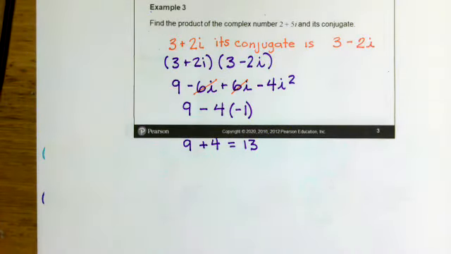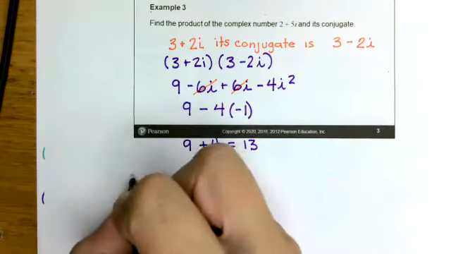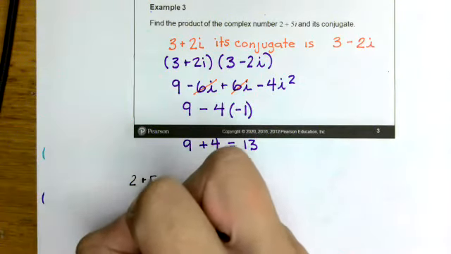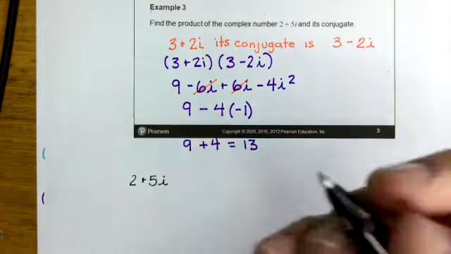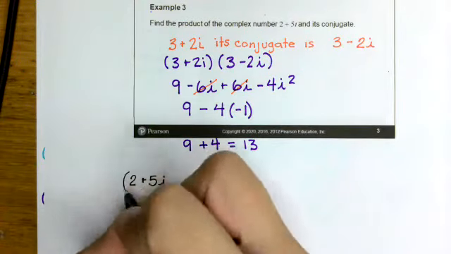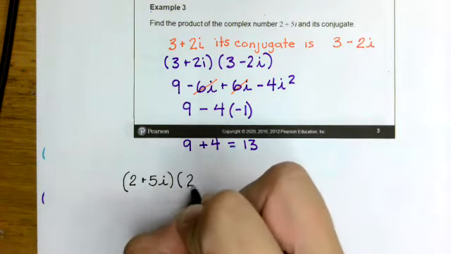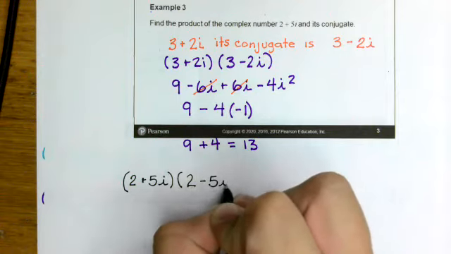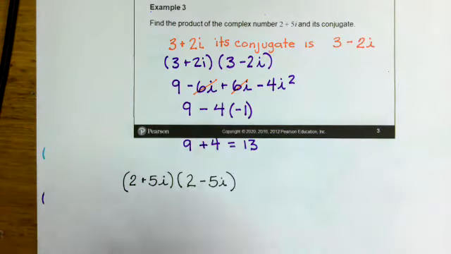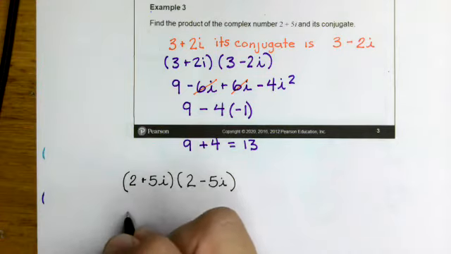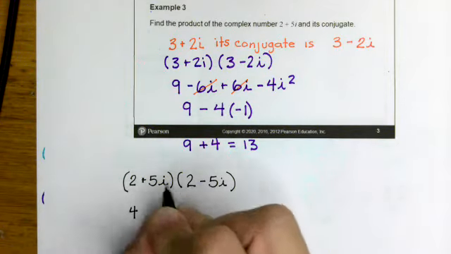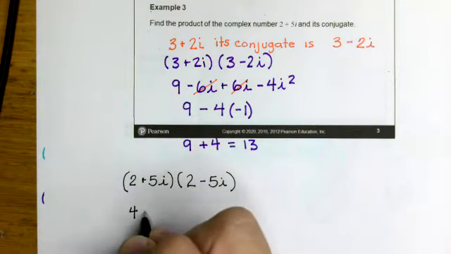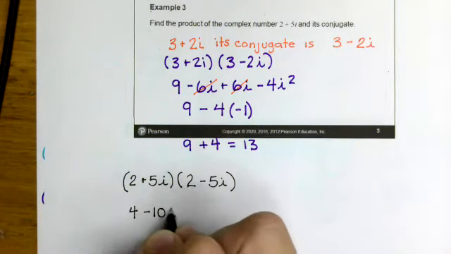This one says find the product of the complex number 2 plus 5i and its conjugate, 2 minus 5i. 2 times 2 is 4. 2 times negative 5i is negative 10i.